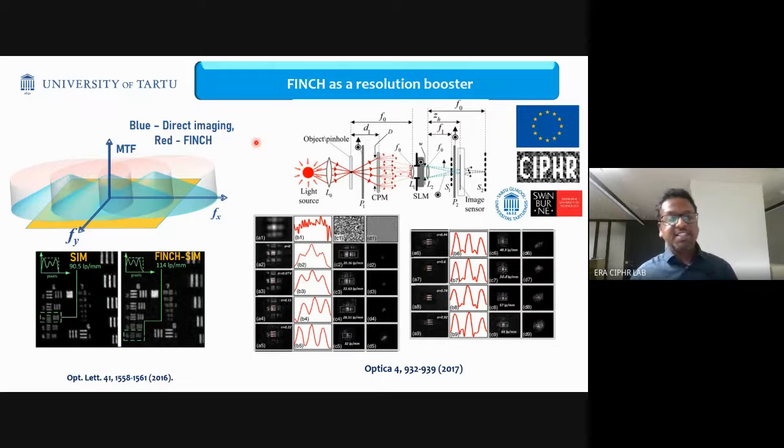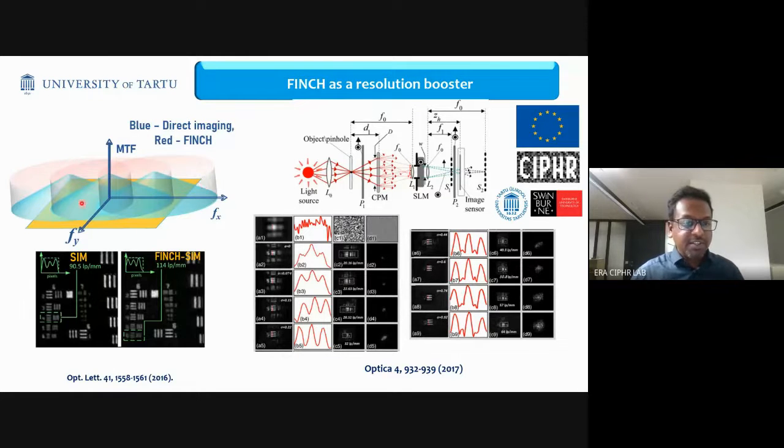So these are some of the interesting applications with Finch. As I already mentioned, Finch has this interesting profile where the MTF is flat. And so what we did was, in the case of structured illumination, as you know, different types of grating patterns are incident on the object, and multiple holograms or intensity patterns are recorded, and they are combined to create super resolution.